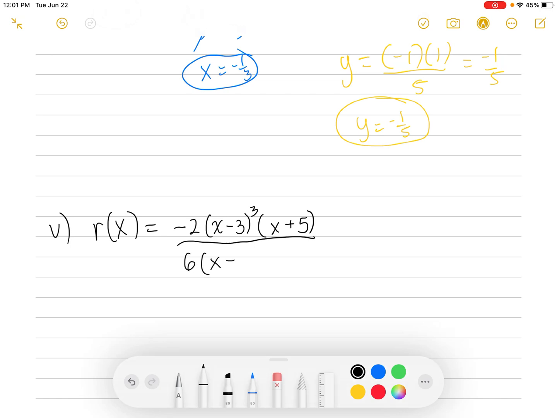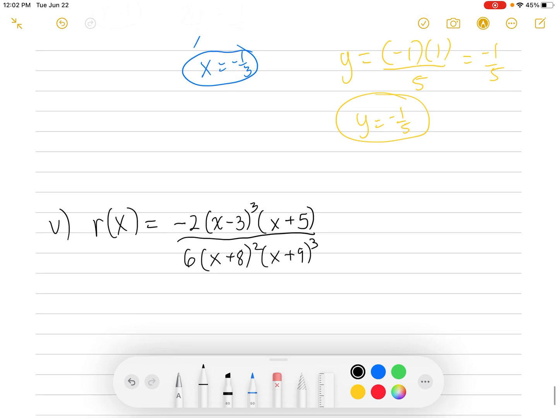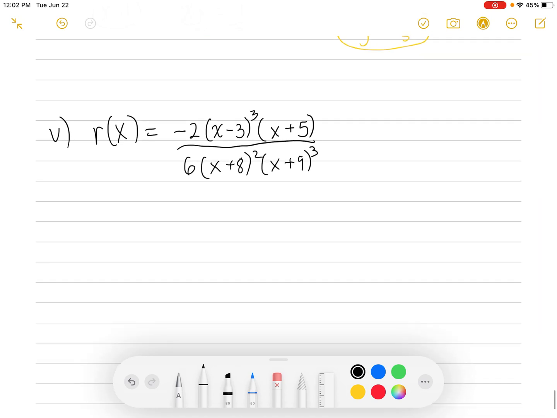Then on bottom we're going to have, I don't know, 6, x plus 8 squared, x plus 9 to the 3rd power, let's say. Okay? So this one's already in factored form, so thankfully it's already in factored form. That helps a lot when it's already in factored form for you.